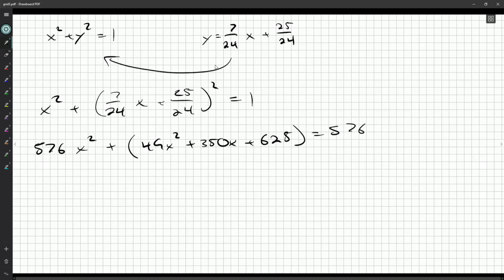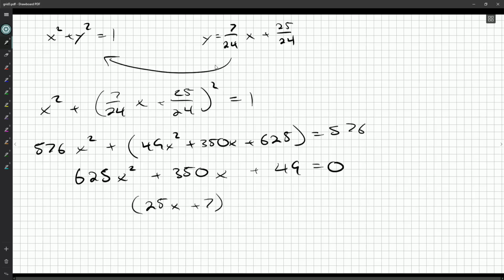Okie dokie, so that should be 625 x squared plus 350x, and then subtract 576, which should give a 49. And so that'll be (25x plus 7) squared is equal to 0. And that does have exactly one root. Nifty. And you can do the same thing with the other one.